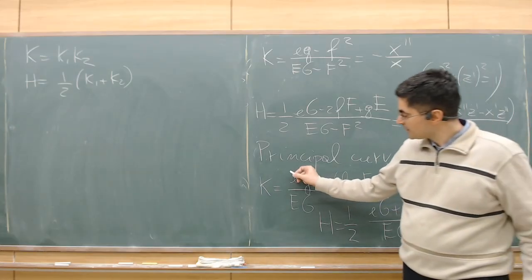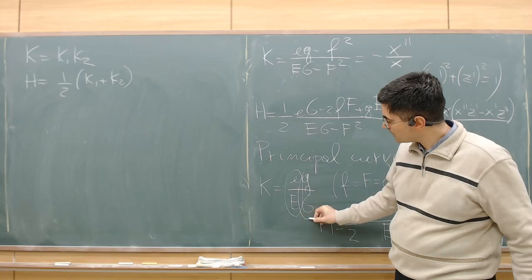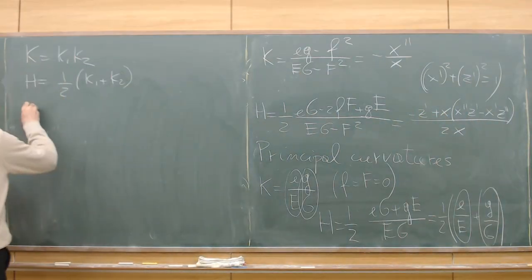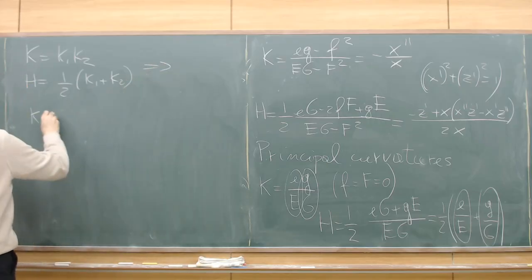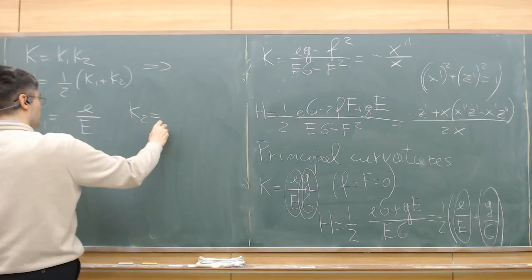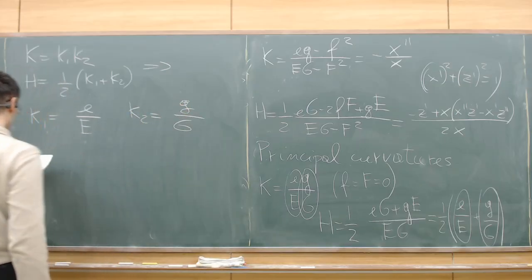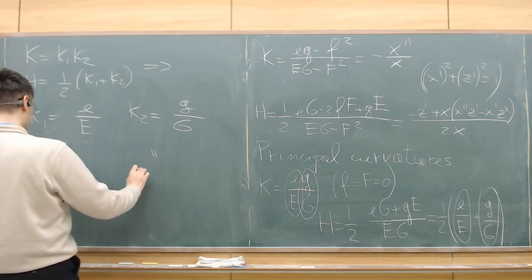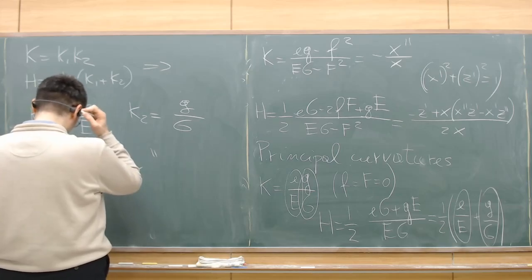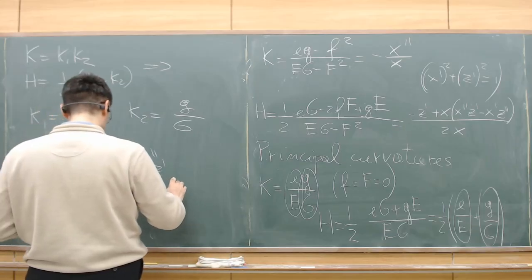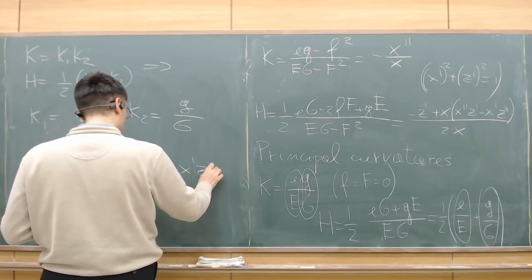They are e over capital E and g over capital G. So this implies k1 equals e over E and k2 equals g over G. This is equal to minus z prime over x, and this is x second z prime minus x prime z second.